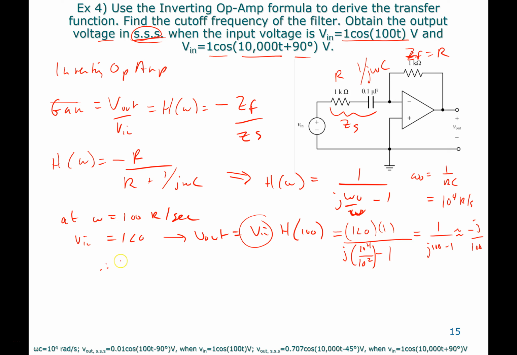So that's your phasor output, and therefore your V out as a function of time is going to be something like 0.01 cosine of 100t minus 90 degrees.